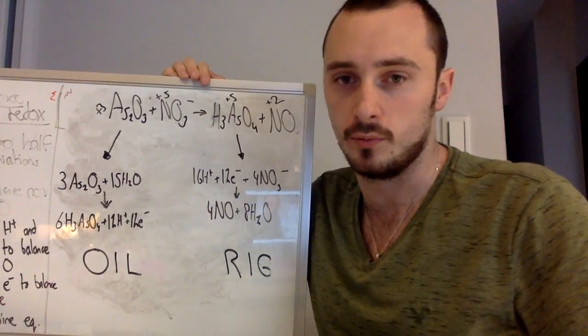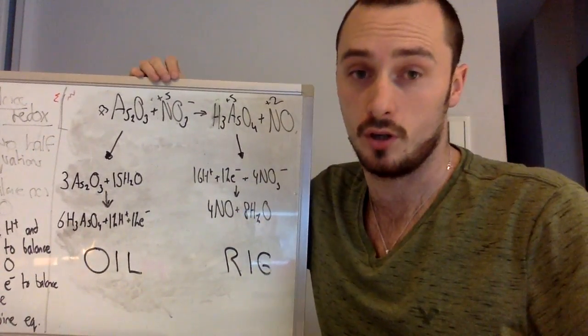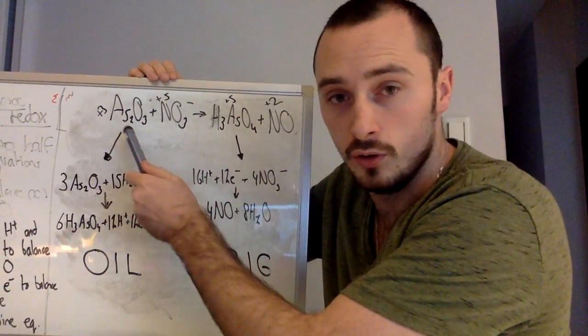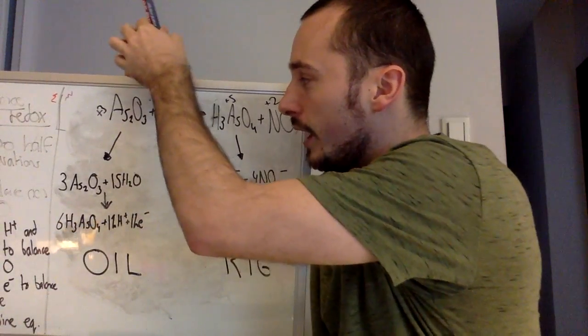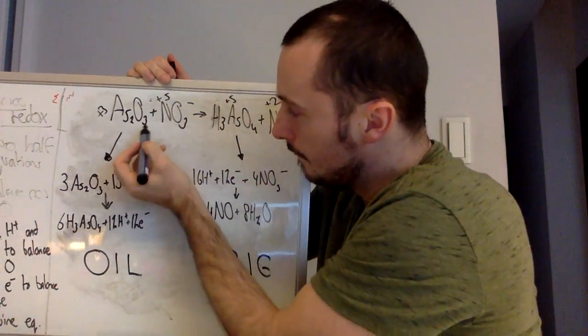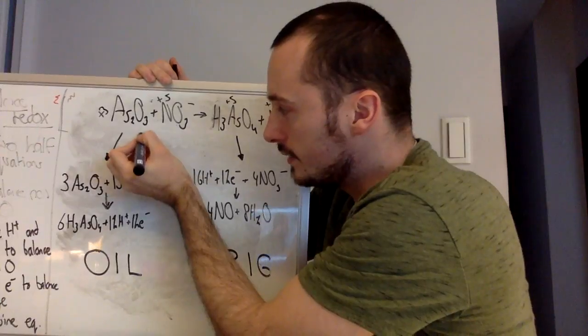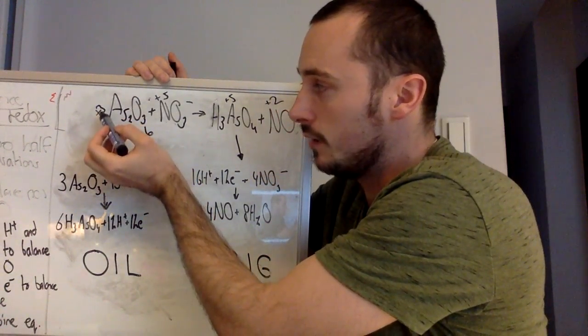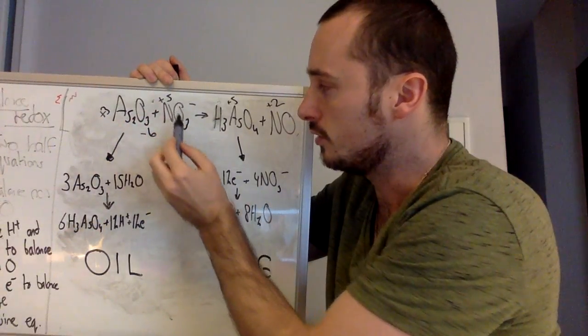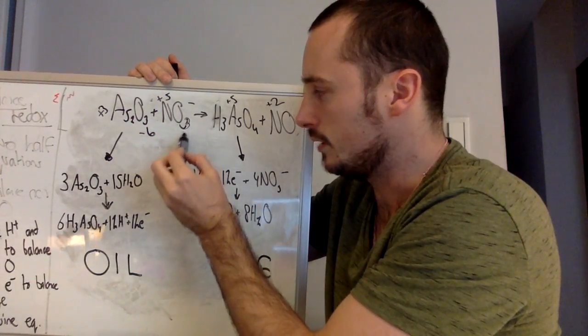So, back to our board with our oxidation numbers above each element shown. Because this is a neutral compound overall, because oxygen is normally -2, we have -2 times 3 is -6. We have 2 As atoms, therefore each of them is +3 right now. Nitrogen, we have O3, which is -6.